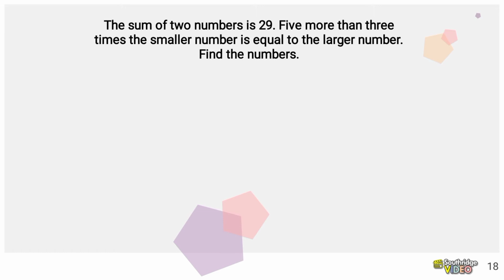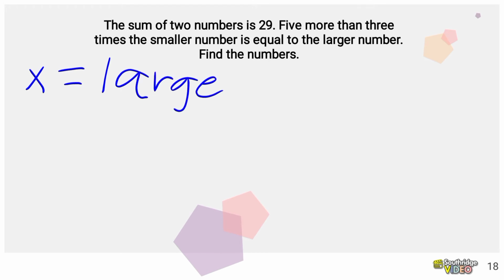So you have already read and understood it. The second thing to do is represent certain variables for the given unknowns. The first statement here is the sum of two numbers is 29. So we are looking for two numbers, a smaller and a larger number. We can represent x as the larger number and y as the smaller number.